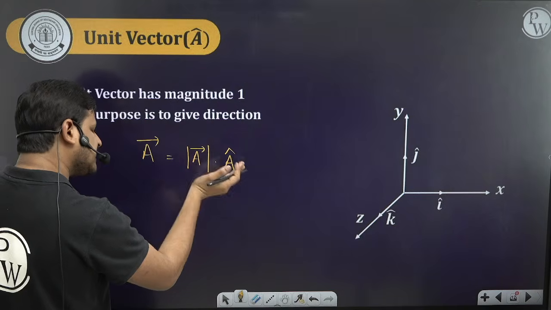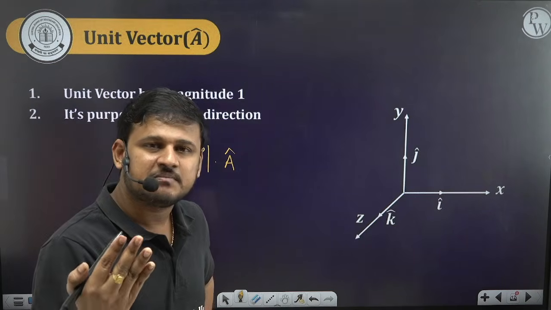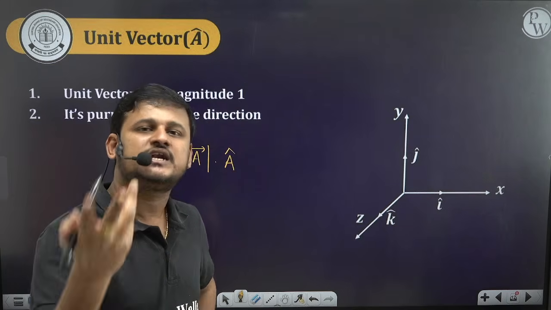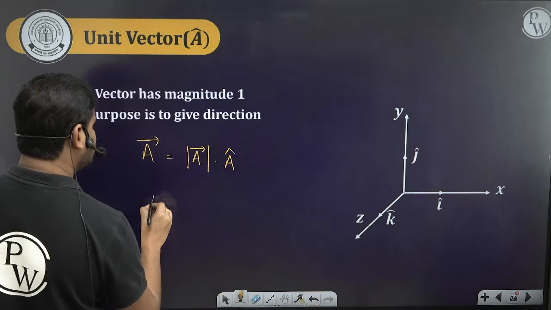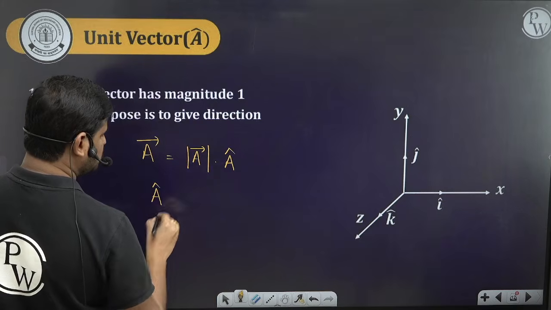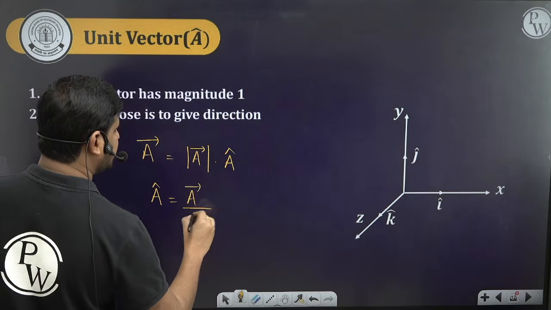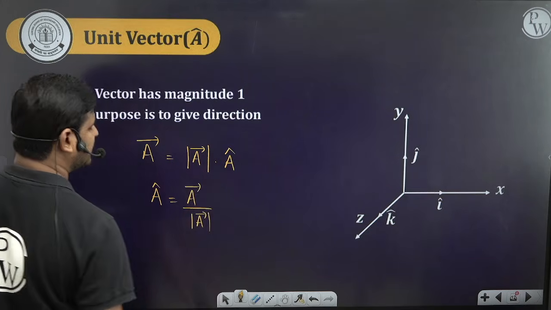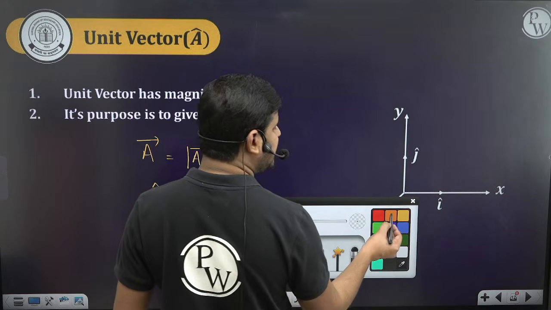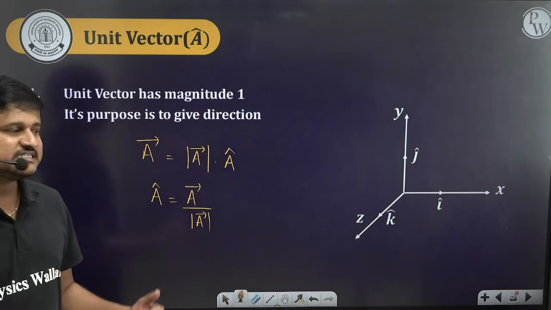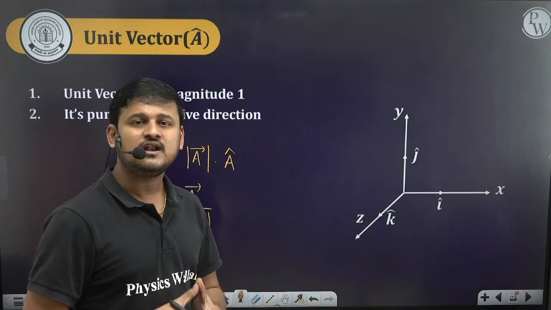What is its unit vector? A cap. Let's suppose x is the vector, then the x direction will be given by the unit vector x cap. That's it. Okay, chalo. So the unit vector A cap is simply vector A divided by the magnitude of vector A. Now in three-dimensional space, along the x-axis, the y-axis, and the z-axis, we have three orthogonal unit vectors.